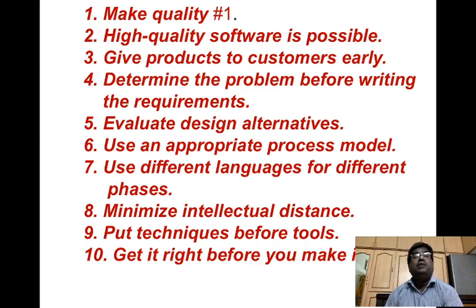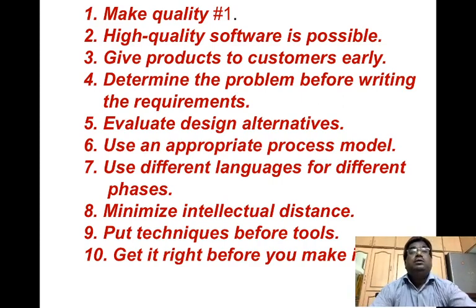Second, high quality software is possible if the development team and management team both strictly follow all efforts and all methods, without missing any requirement. All requirements should be considered.